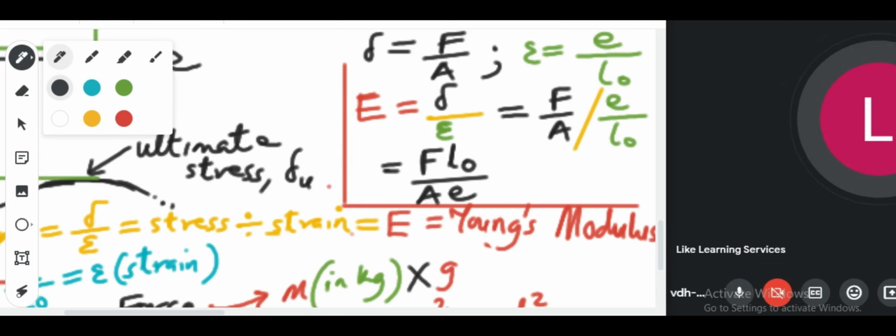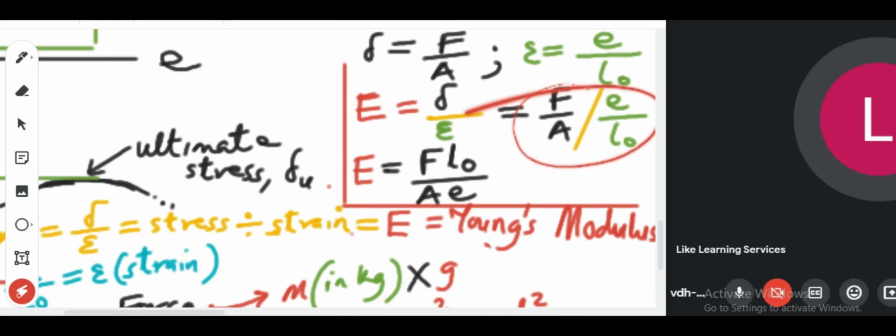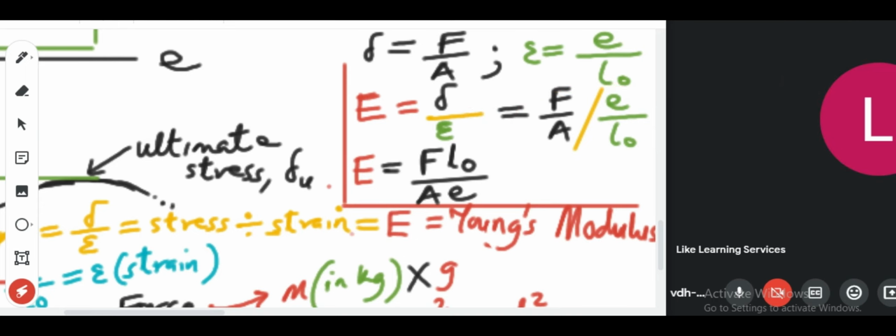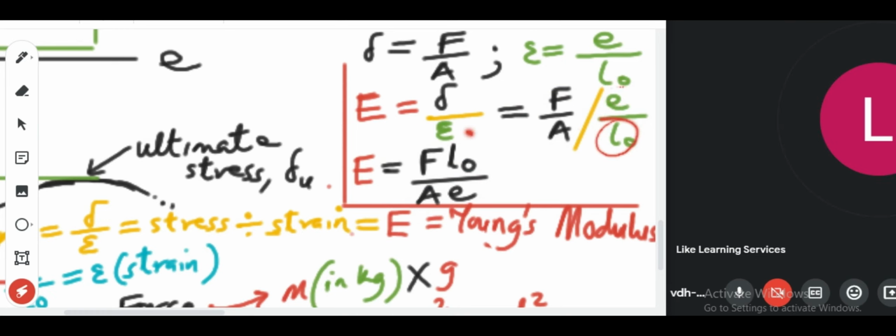That will give us the Young's modulus. If we simplify, this is what we're going to get: F over A divided by e over L naught will give us F times L naught over A e. Simple arithmetic.